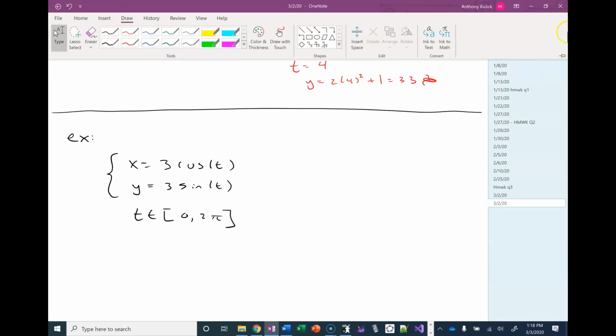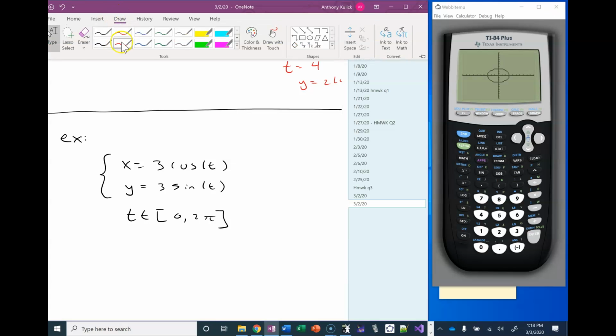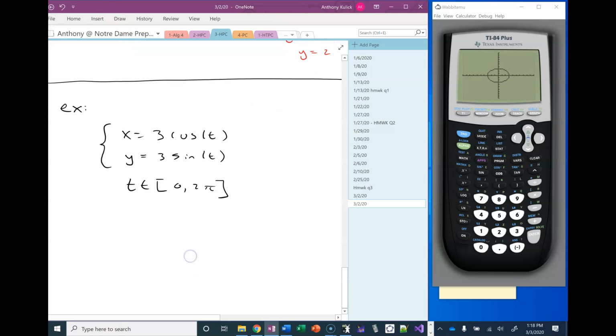It just looks like an oval because the viewing window is rectangular instead of square. Who remembers what the equation for a circle is from their geometry course? What does h, k represent? Well, the center, and r is the radius.